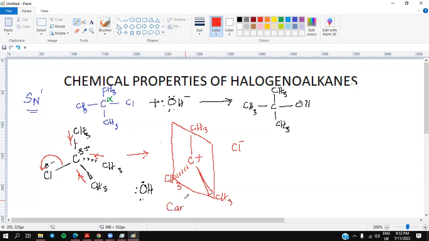In the Sn2 mechanism, what was the product formed? Transition state. Here, carbocation. This carbocation is called a reaction intermediate. I will write reaction intermediate. Not transition state, intermediate. Reaction intermediate. Reaction intermediate is a carbocation.